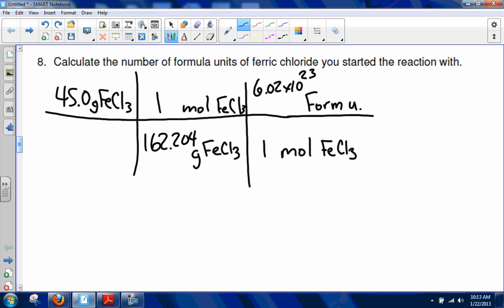Just multiply straight across on the top. 2.709 times 10 to the 25th. Now divide that by 162.204.